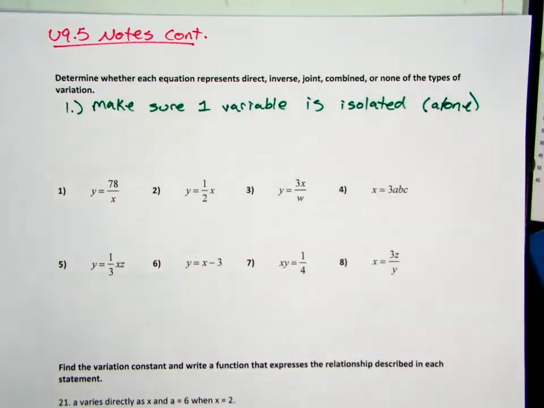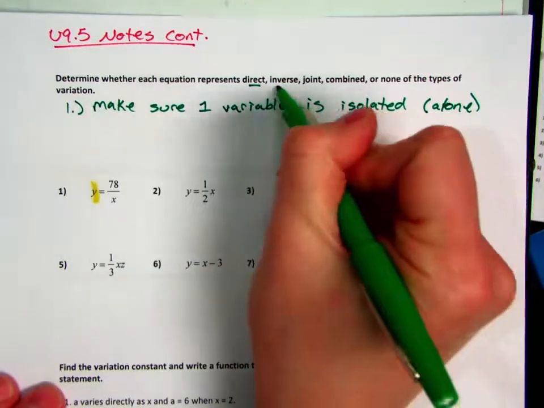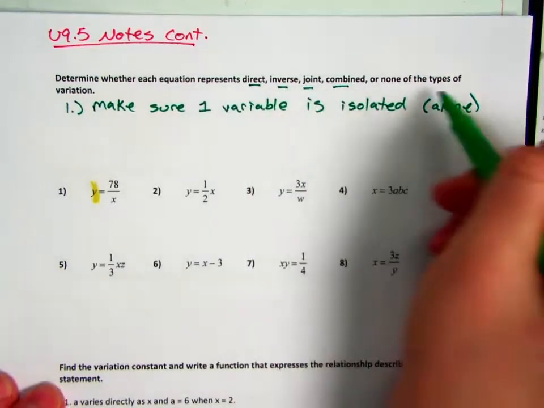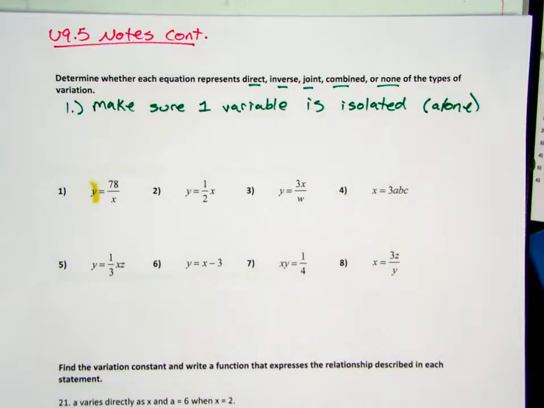So if I'm looking at this number 1 right here, my y is already by itself, which is a good start. If it wasn't by itself, I would need to solve for that variable before identifying whether or not it is direct, inverse, joint, combined, or none. Okay? So that one's already by itself.